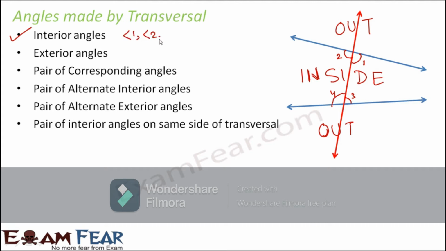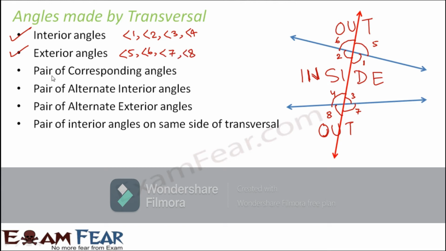Angles 1, 2, 3 and 4 are the interior angles. Similarly, the exterior angles are those which lie on the outside. So basically these angles, let's call them 5, 6, 7 and 8. So these are exterior angles, angles 5, 6, 7 and 8.